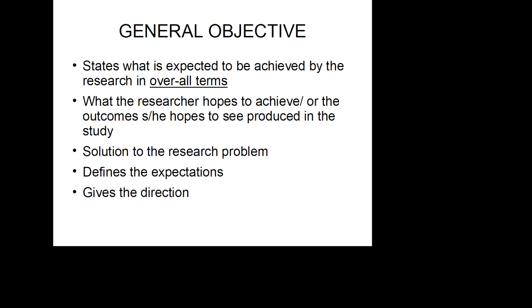It is what the researcher hopes to achieve, or the outcome that she or he hopes to see produced in the study. It is the solution to the research problem, defines expectations, and gives the direction again. Generally, the general objective is derived from the research question, so it's just restated from the interrogative to the declarative form.